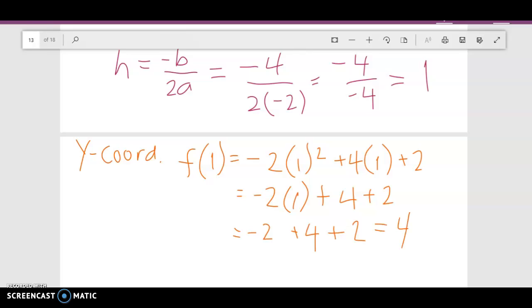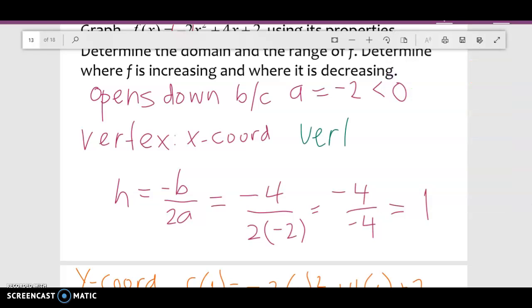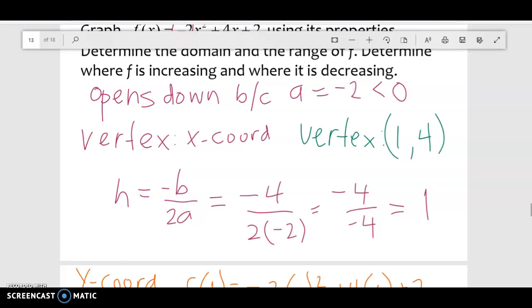So that means our vertex is 1, 4. It opens down because we have a negative leading coefficient, so that vertex is an absolute maximum.